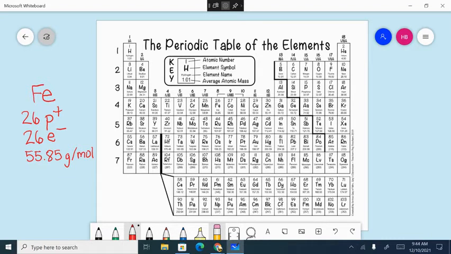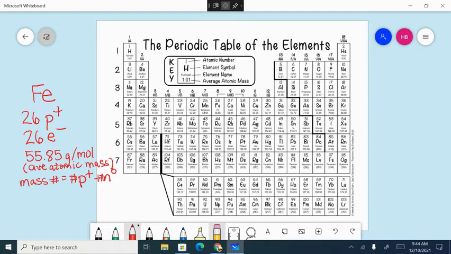So the average atomic mass is the number on the periodic table of the elements with the decimal points. The mass number is the number of protons, which have a positive charge, plus the number of neutrons, which have a 0 charge. Those each have a mass of 1.